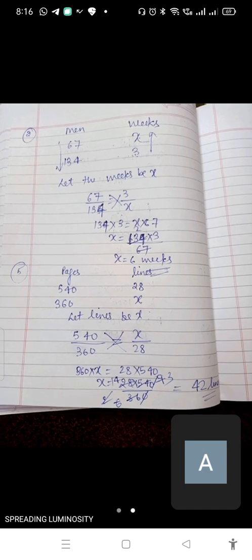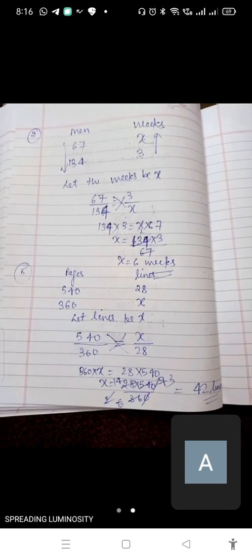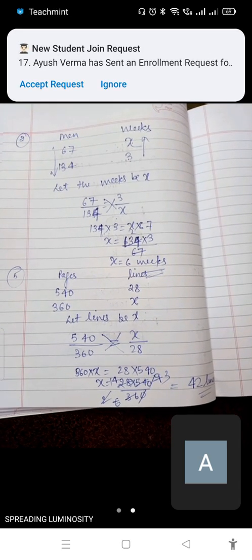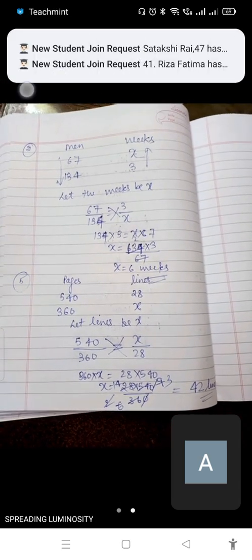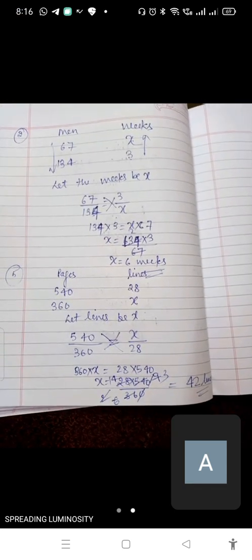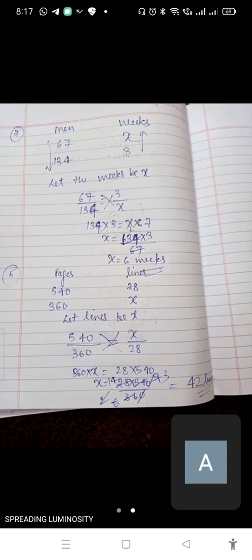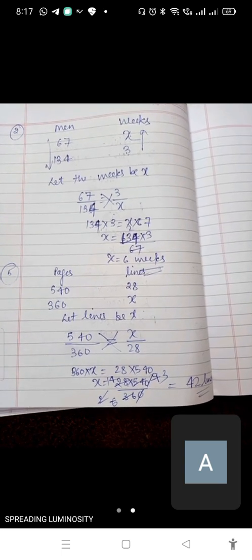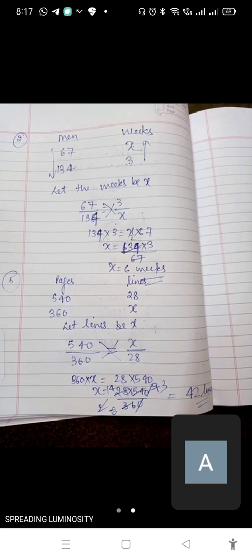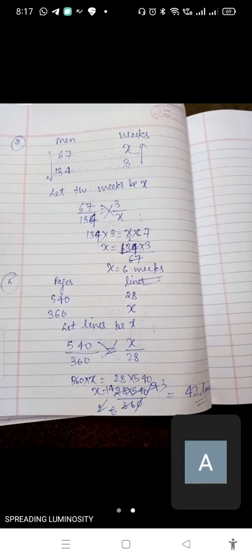In this chapter, you will have only 2 exercises, 10A and B. C will be reduced. If you will have your physical classes, then it will be explained in the school, because for your online classes or if the teacher is not present in the class, then it will be difficult for you to solve 10C exercise. So you are not coming to school, so we are trying to reduce your syllabus.